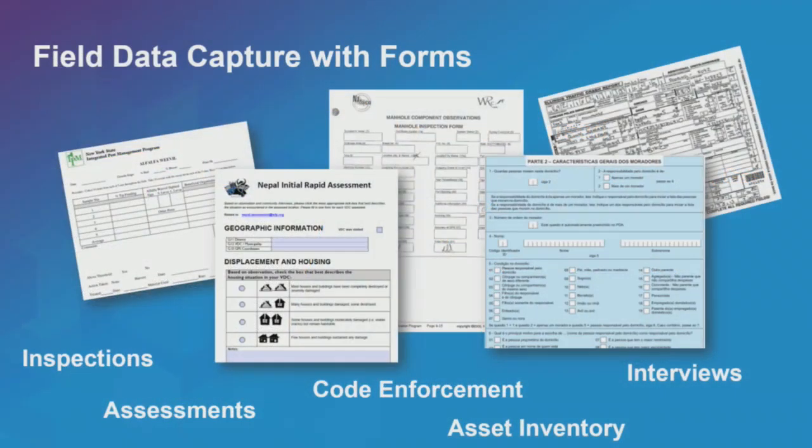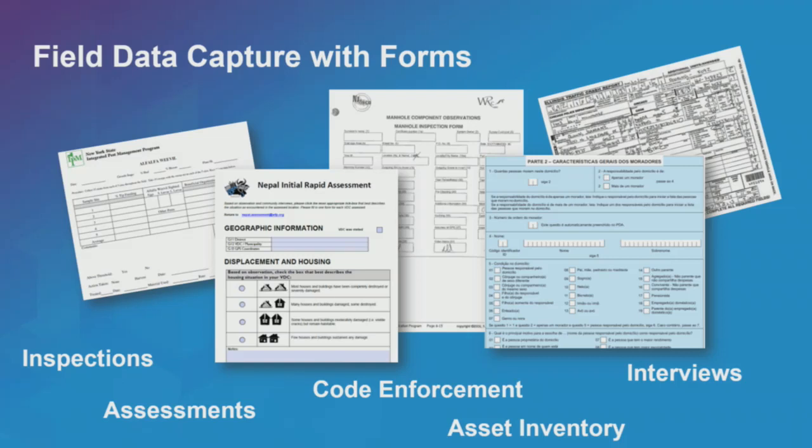Forms, in fact, are not just used in the back office, but also in the field to capture data, to do inspections, assessments, for code enforcement, to do asset inventory, or even to do interviews to people. Now, in every one of these, in a damage assessment, in an interview, you can capture geographic questions as well.